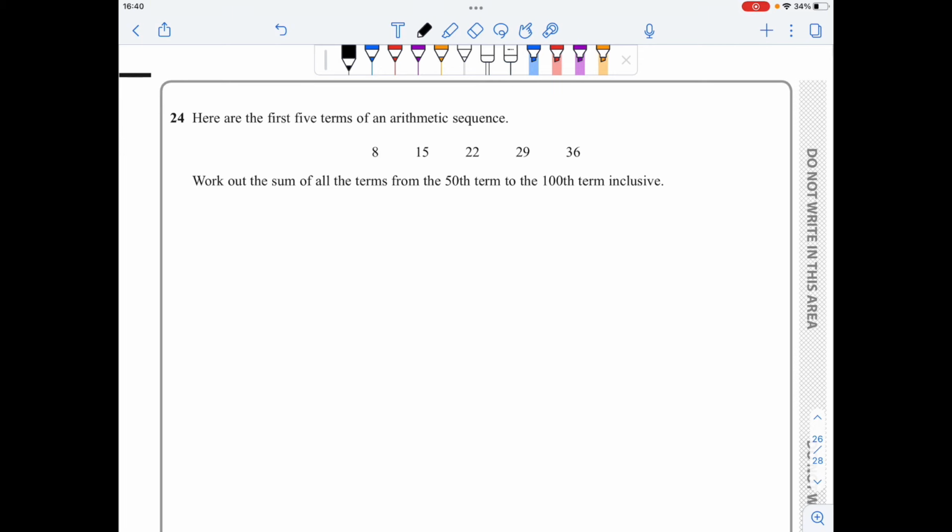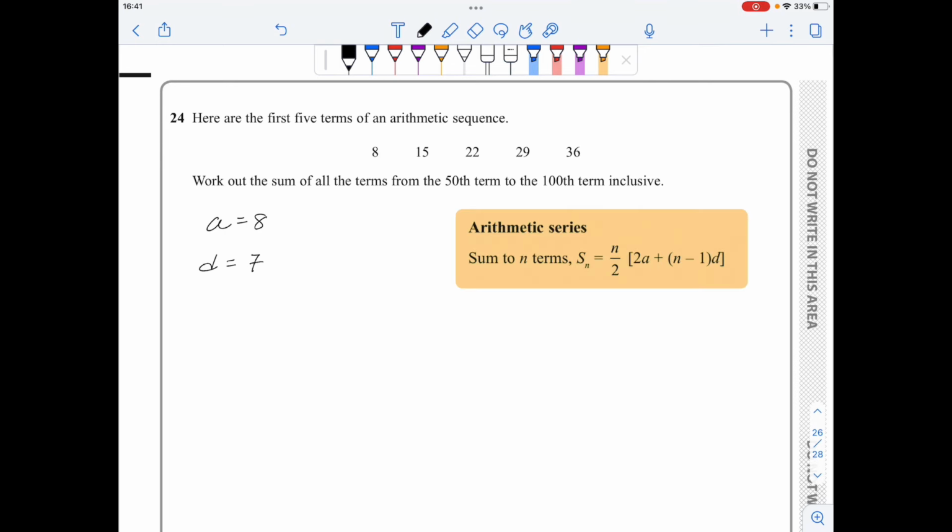Now for question 24, I've got an arithmetic sequence that has first term 8 and common difference 7 because I'm adding 7. Now recall that the formula for the sum of the first n terms as given in the formula sheet is the following. Now note this formula works from the first term.